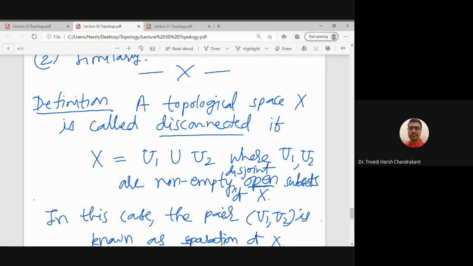If I cannot find the pair U1, U2 which satisfies this property, then the topological space is connected.